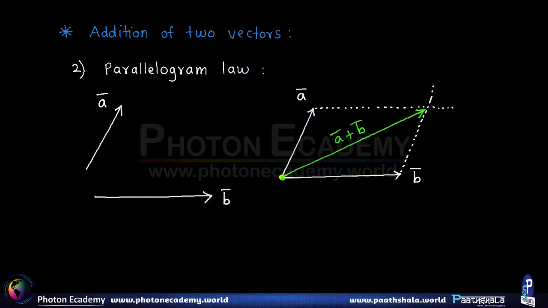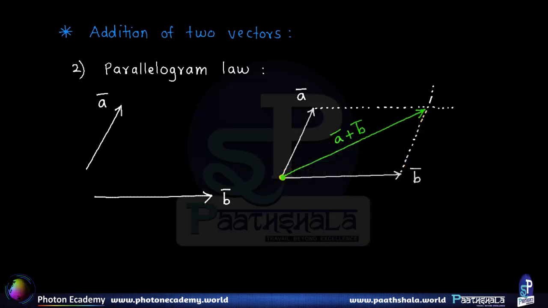And in fact, if you look at one of the triangles, it indicates the triangle only, so it is the same as the triangle law, and hence the parallelogram law is just a different way of looking at the triangle law.